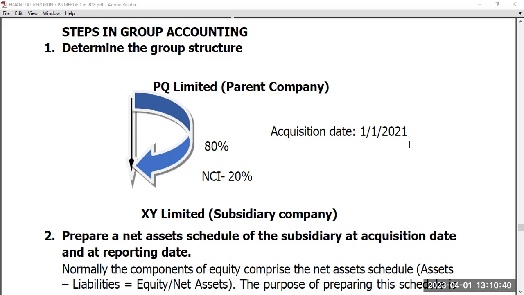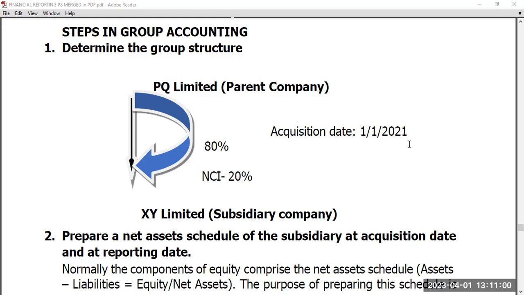That brought us to the steps that we go through when preparing these financial statements, which we call steps in group accounting.